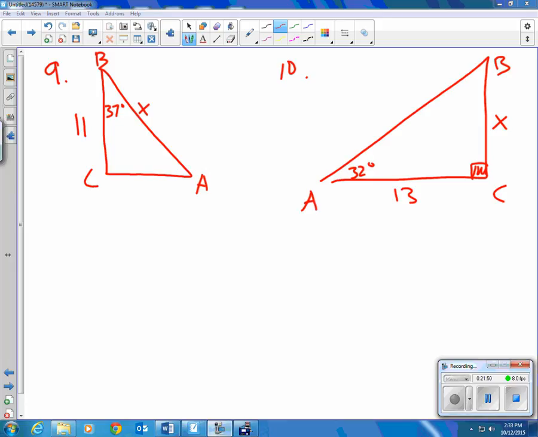Okay, here we go. All right, let's look at number 9. Now I just want to find x. So we practice this. Let's put it to work here and see what we can get.